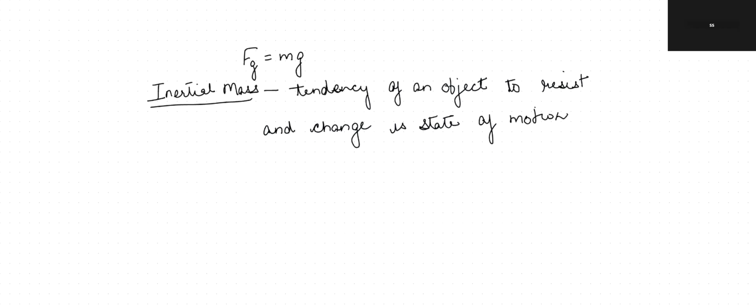Okay. So inertial mass is the tendency of an object to resist any change in state of motion, whereas gravitational mass is the one used in determining the force of gravity. And the gravity on the Earth is 9.8 meters per second squared.